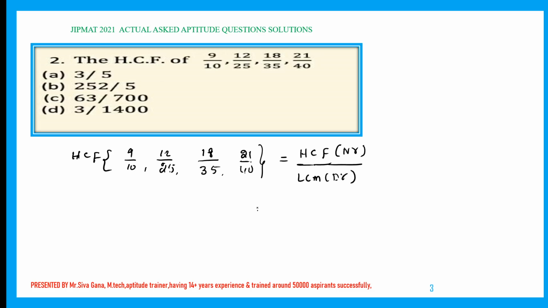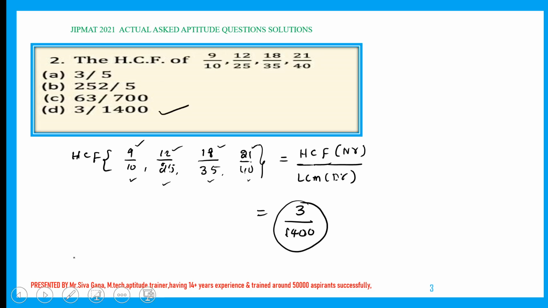Here numerator terms are 9, 12, 18, 21. The HCF of these four terms is 3. Now 10, 25, 35, 40, their LCM is 1400. So 3 by 1400 is the answer for this question.